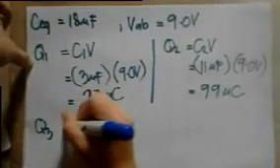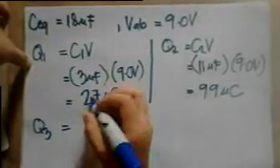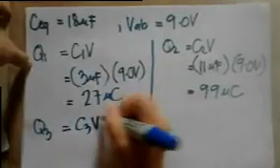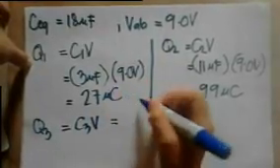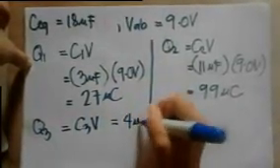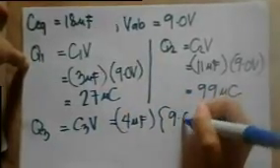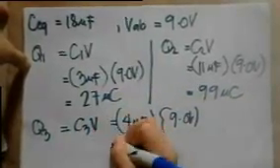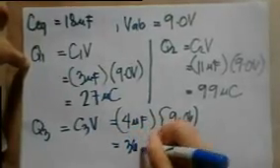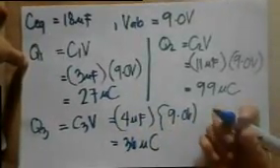For our third charge, we have Q3 equals C3 times V. Our third capacitor is 4 microfarad times 9 volts, and this is equal to 36 microcoulomb.